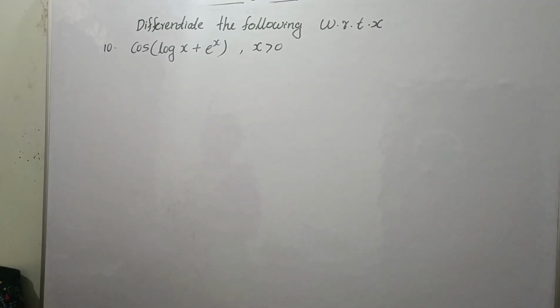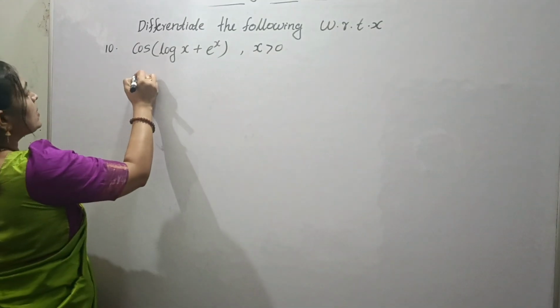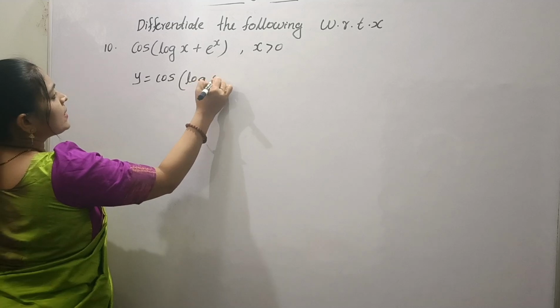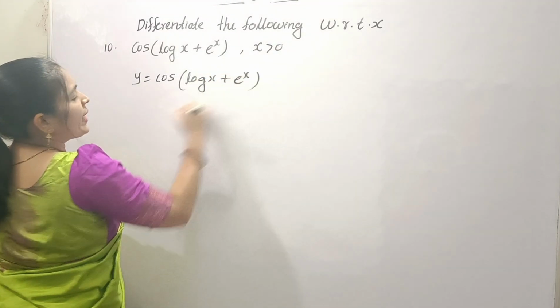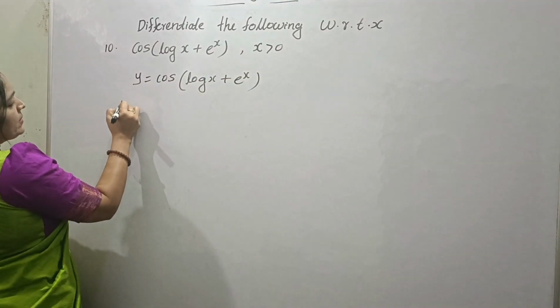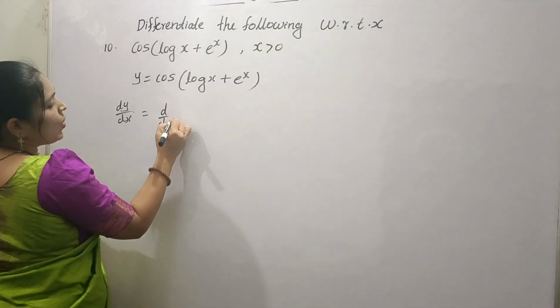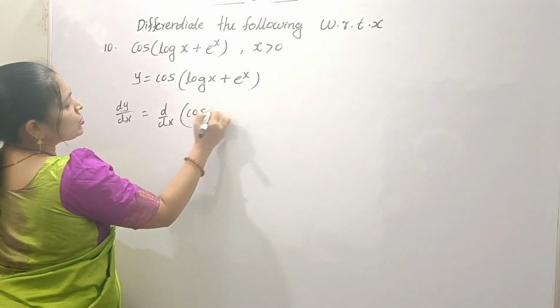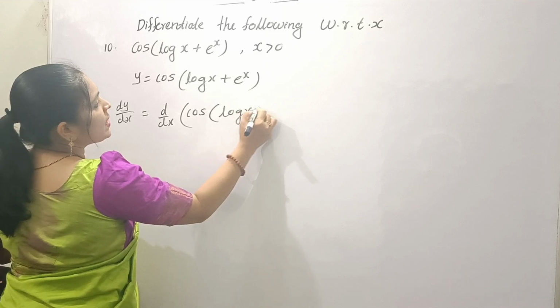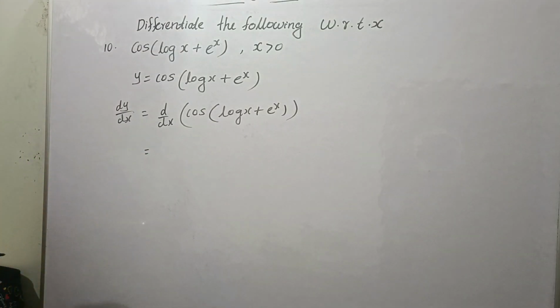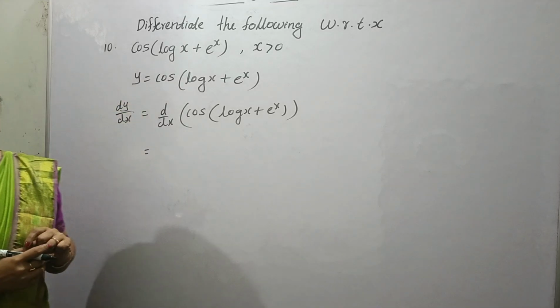Next, differentiate cos of log x plus e raised to x with respect to x. y is equal to cos of log x plus e raised to x. That is dy by dx is equal to d by dx of cos of log x plus e raised to x. Then first we will differentiate cos.